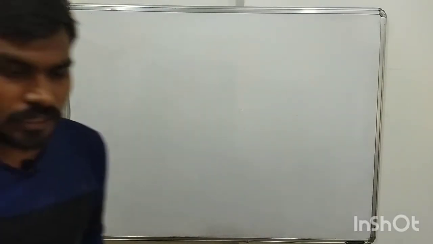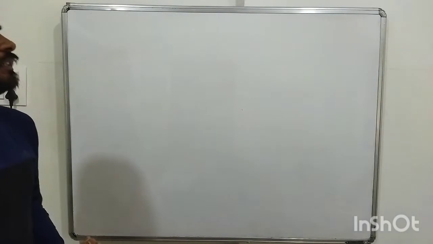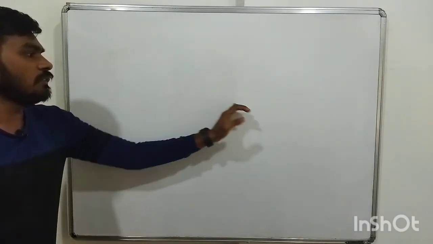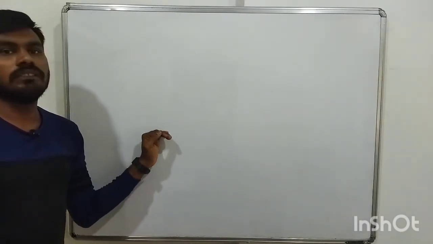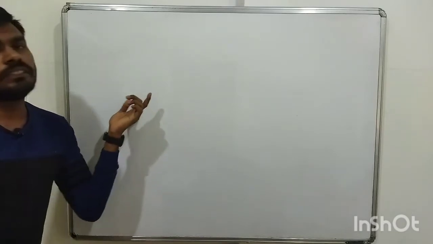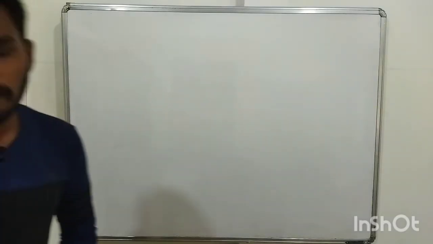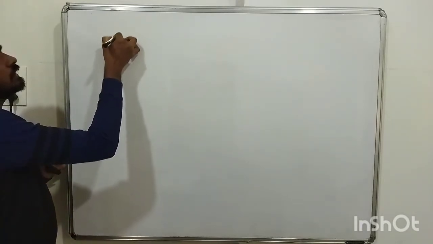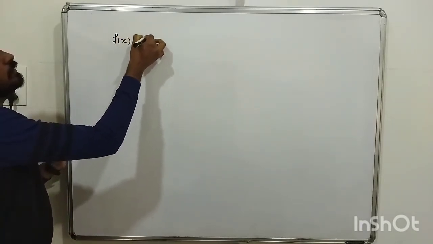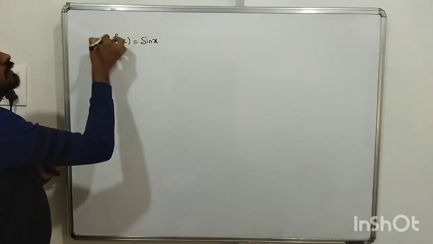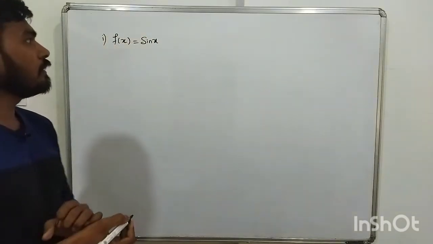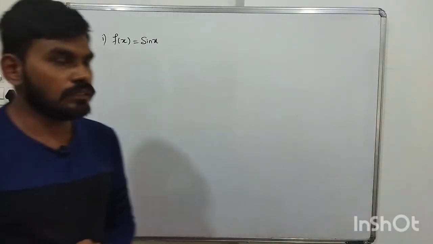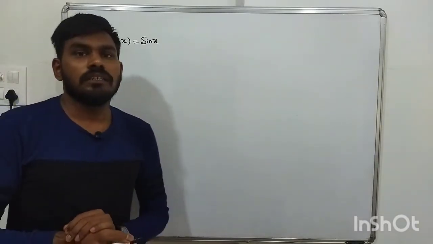As you all learned in the lesson relations and functions, every function has a domain and range, so we are going to find the domain and range of the function. So first we'll take f of x is equal to sin x.